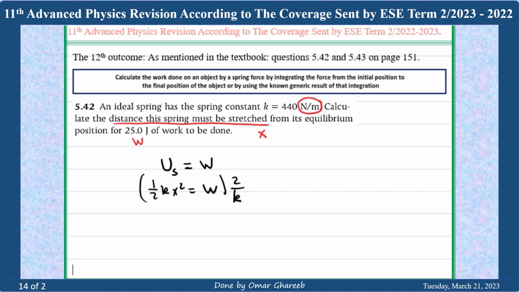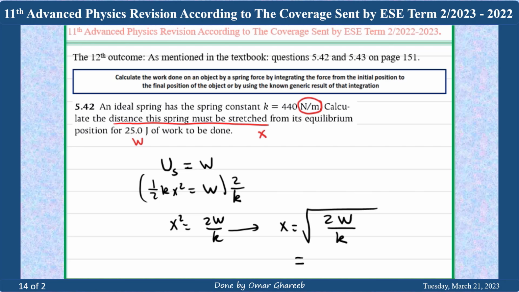I think you are familiar with this procedure. x squared equals 2W over k. Then x equals square root of 2W over k.